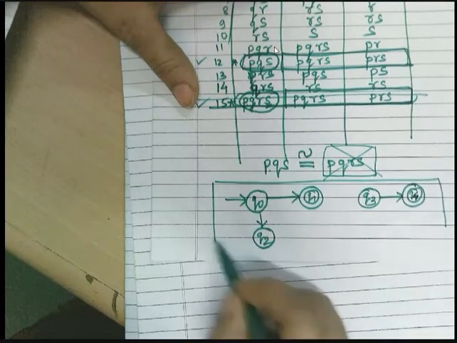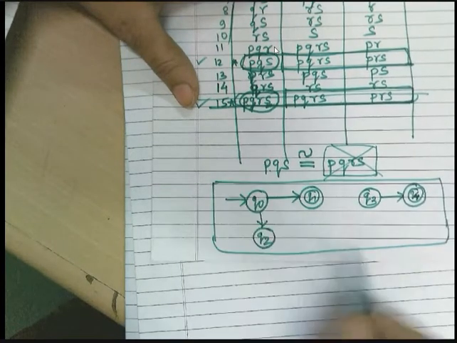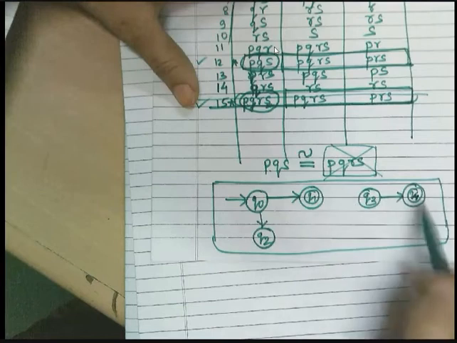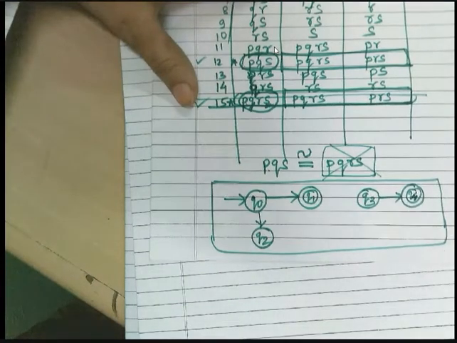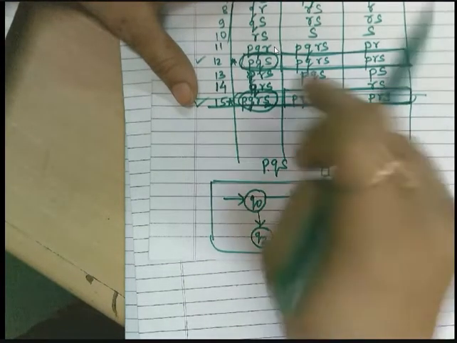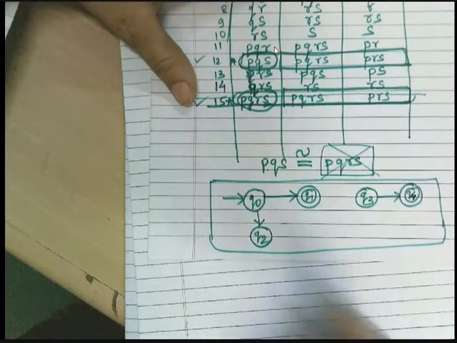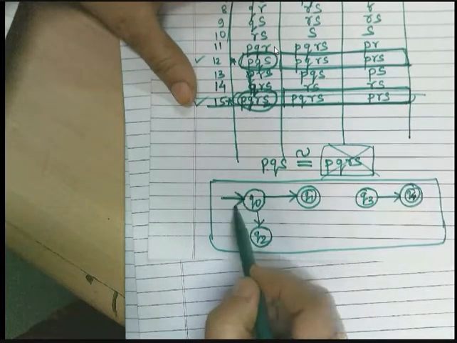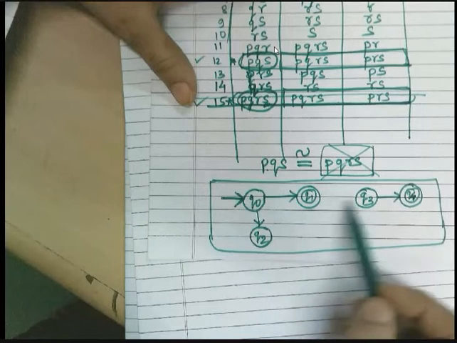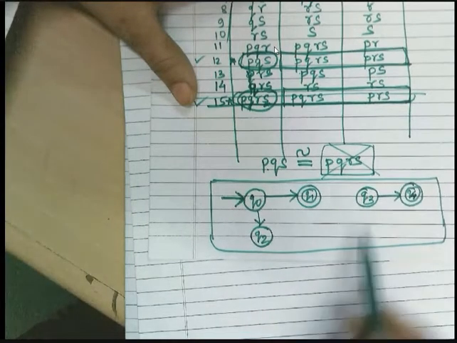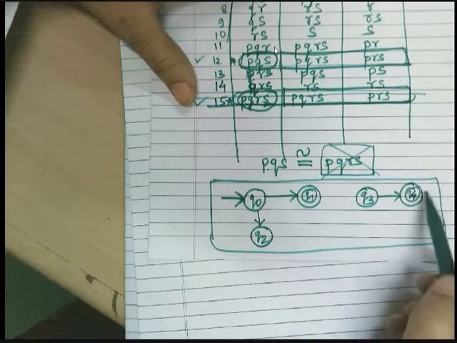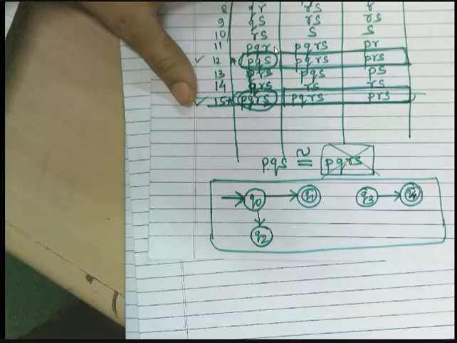The question may be how it is possible to have such a structure. Yes, it will be there, and in the same example you will experience it. Now see, from this initial state I am not reachable to Q3 state. If I am not reachable to Q3 state, then whether it is reaching the final state or not doesn't matter.